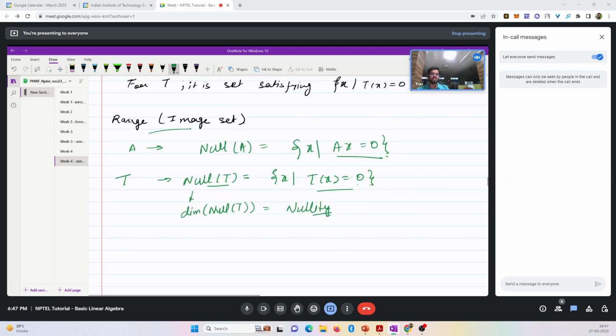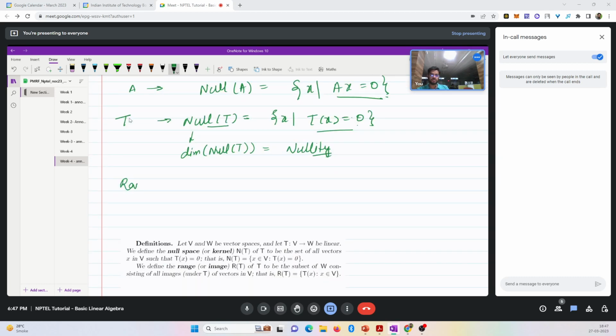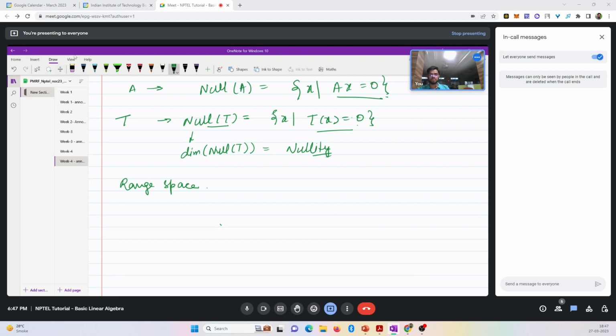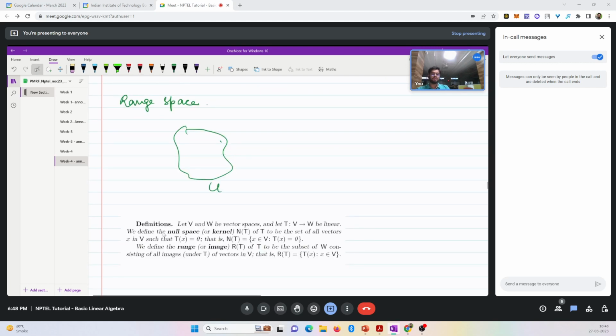Second thing is something called a range space. If you recall any function, how does a function look like? You will have some domain and you have some range. So this gets mapped to this. So this will get mapped to, let's say, this much portion of your space.